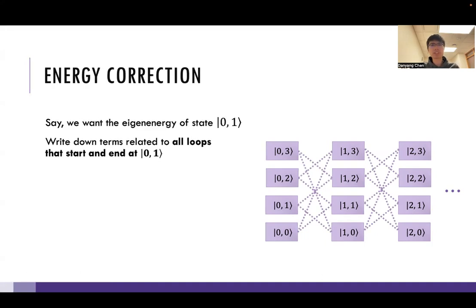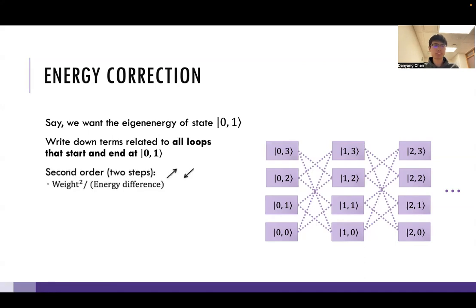Finally, we can use perturbation theory plus the graph to study the energy correction and state correction of different levels. Say if we want the eigenenergy of state 0, 1, we can write down terms related to all loops that start and end at this state.